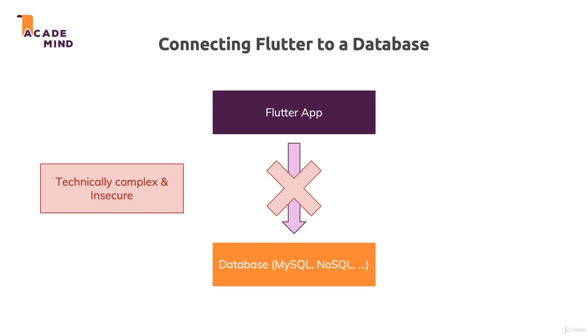If you're connecting your Flutter app directly to a database, that means that in your Flutter app code, you need to include your database credentials, your username and your password, to give you read and write access to the database. Now, when you ship your Flutter app to the app stores and users download the app from there, of course your source code is not easily available.